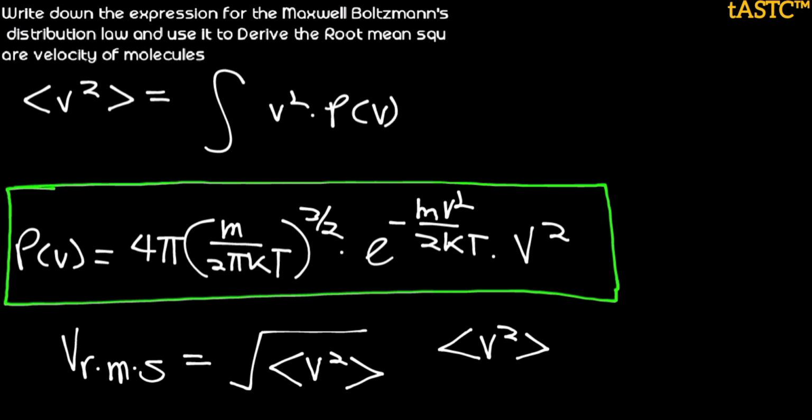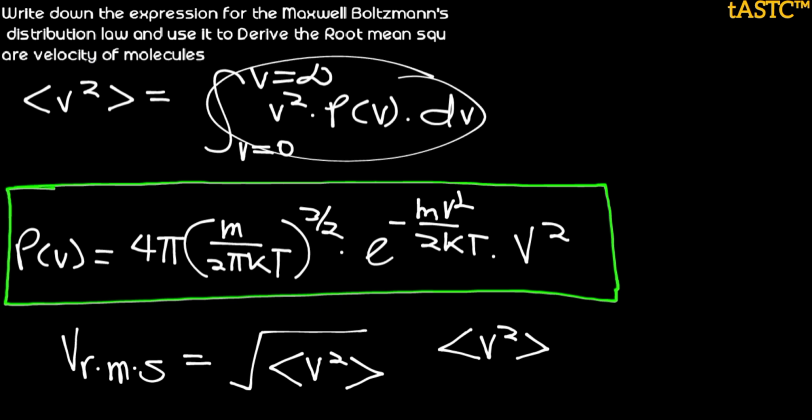If we integrate this, it must be with respect to the velocity, so that will be written that way. Now we integrate from v equal to 0, where the velocity is completely not there, until v equal to infinity. So this is what it is.